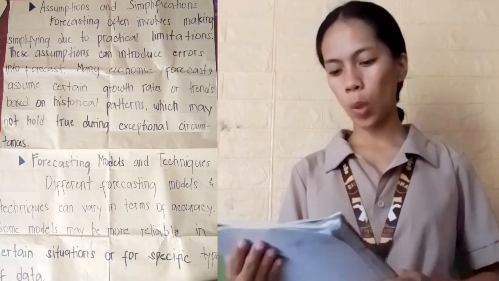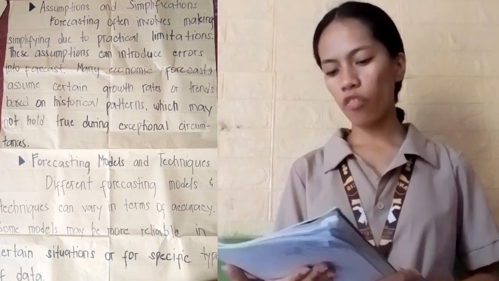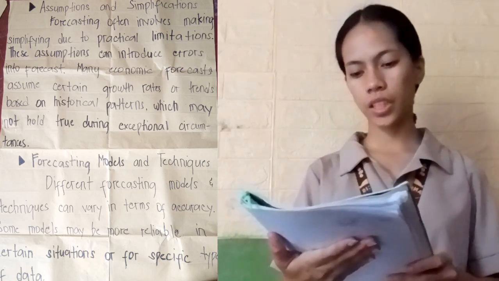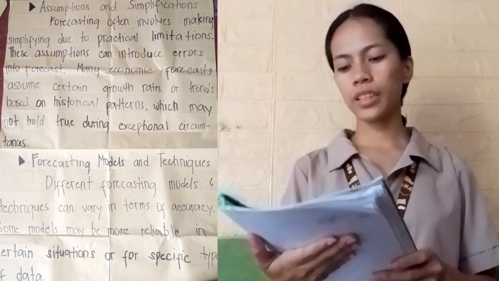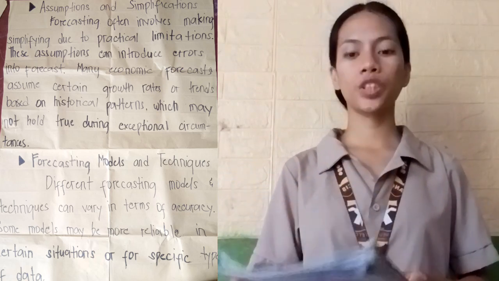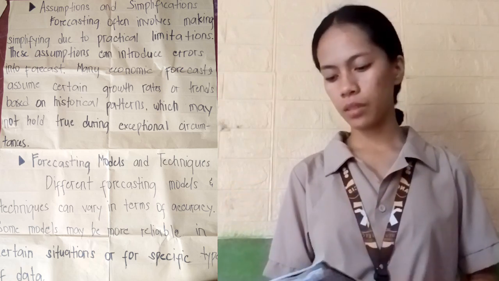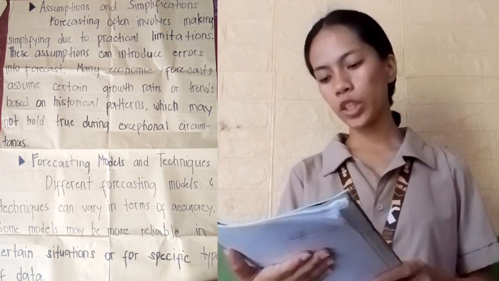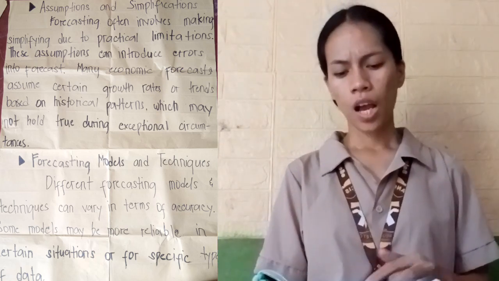So next is assumption and simplification. Forecasting often involves making simplifying assumptions due to practical limitations, and these assumptions introduce errors into the forecast. Many economic forecasts assume certain growth rates or trends based on historical patterns, which may not hold true during exceptional circumstances.